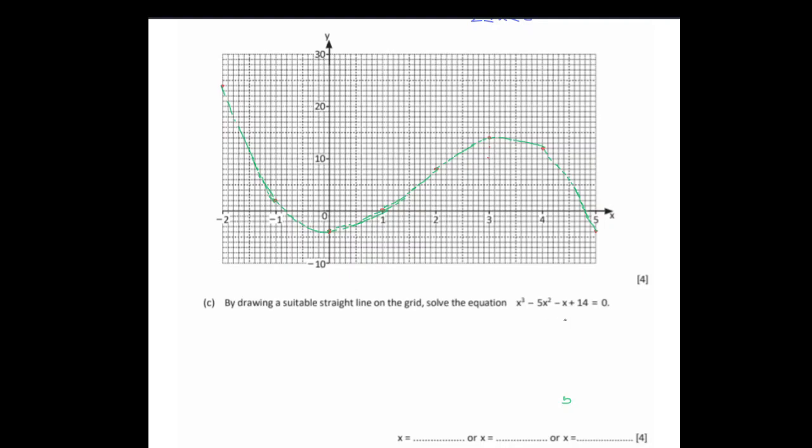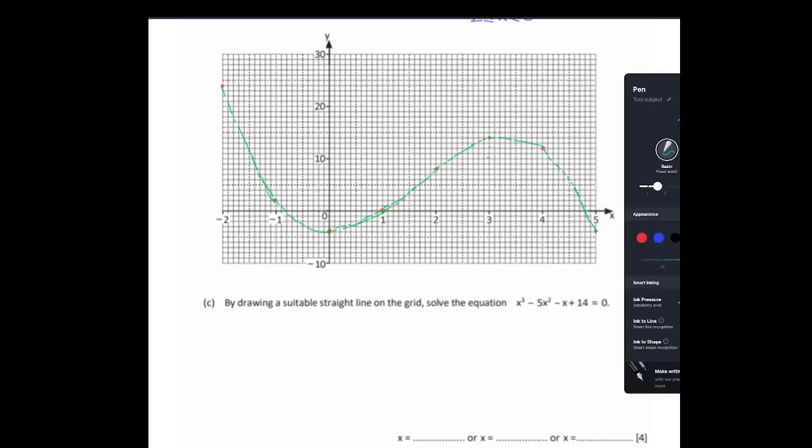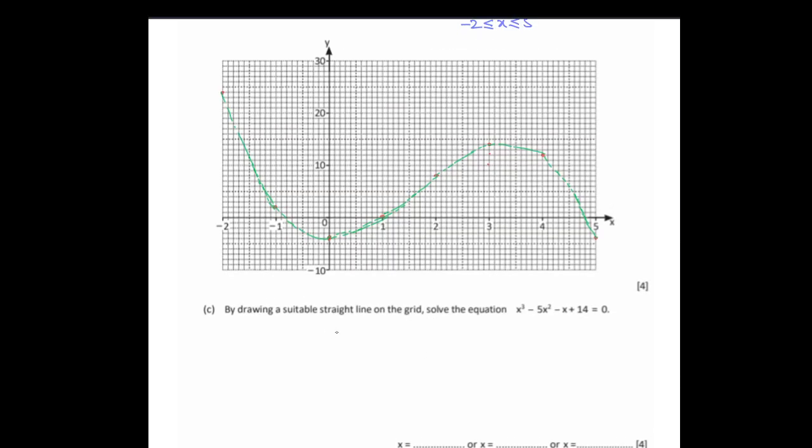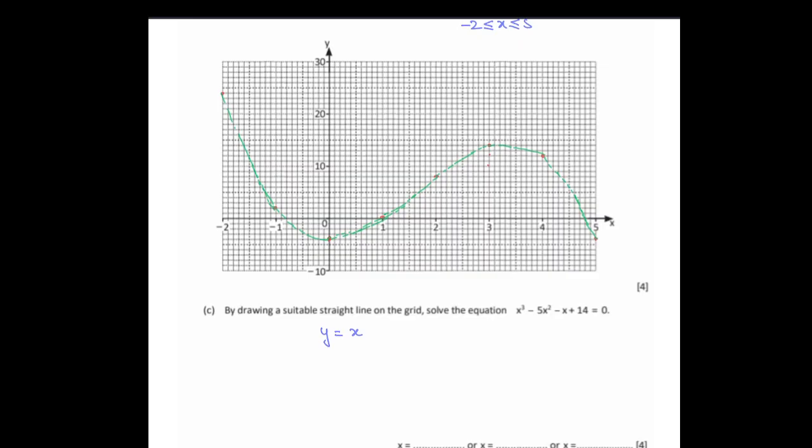For that we need a straight line equation. Then we have to solve this equation. Okay, so find the values of x. First of all, let us take the given equation, y is equal to 5x square minus x cube minus 4.